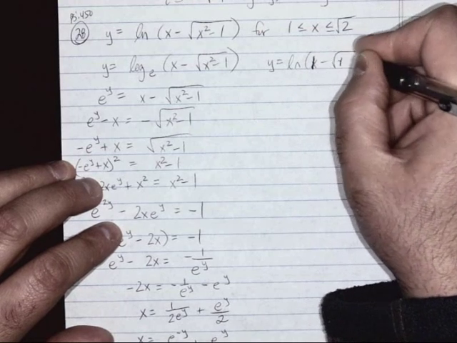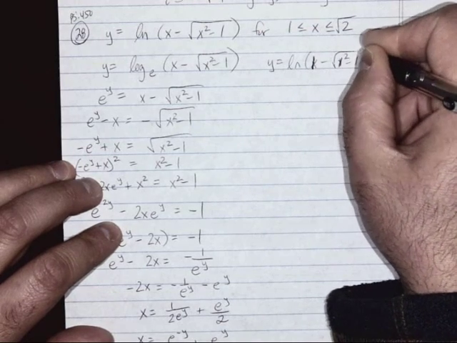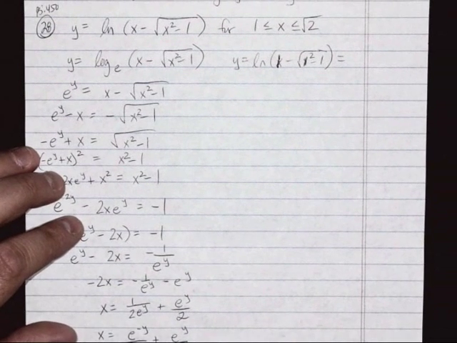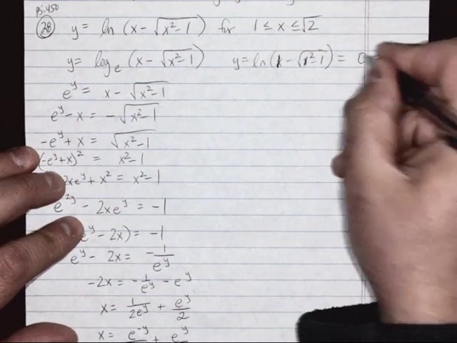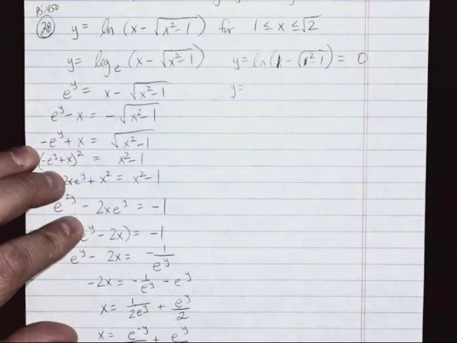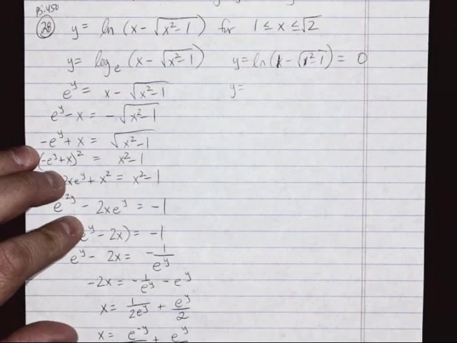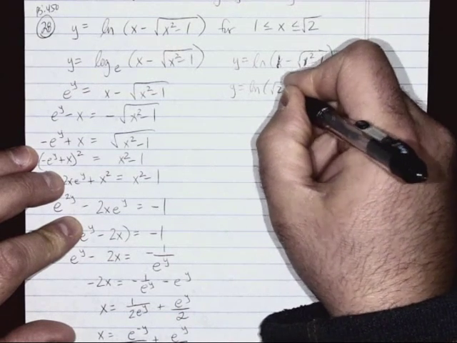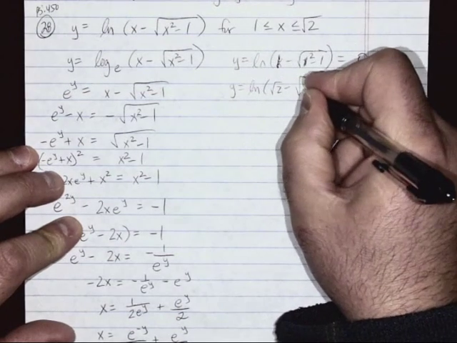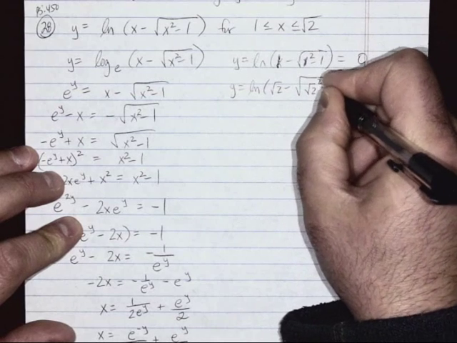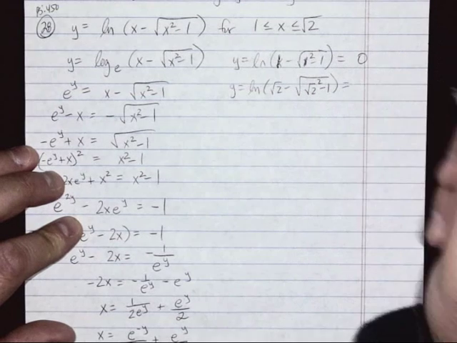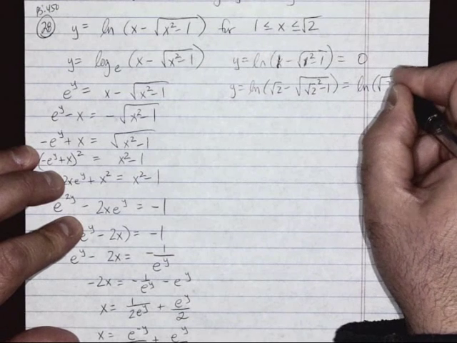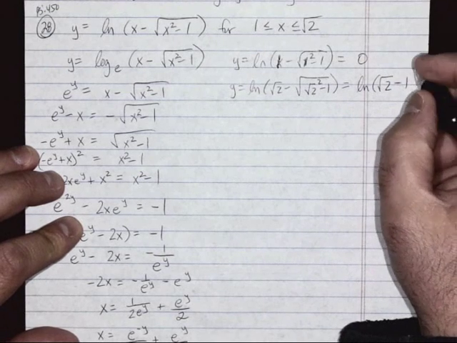So I'm going to plug 1 in there for x, into my function, and so that gives me 0, and then I'm going to plug in root 2. Alright, do some algebra there, and I get ln root 2 minus 1.